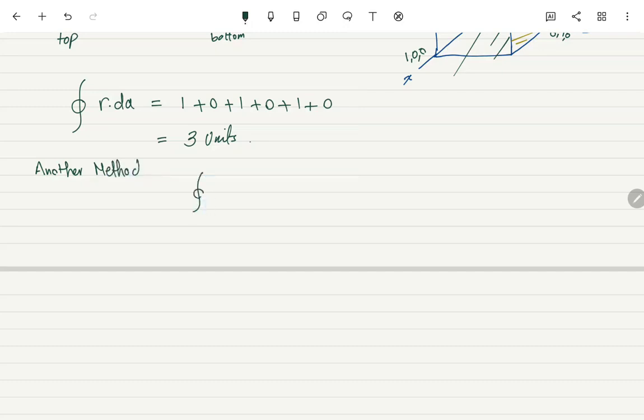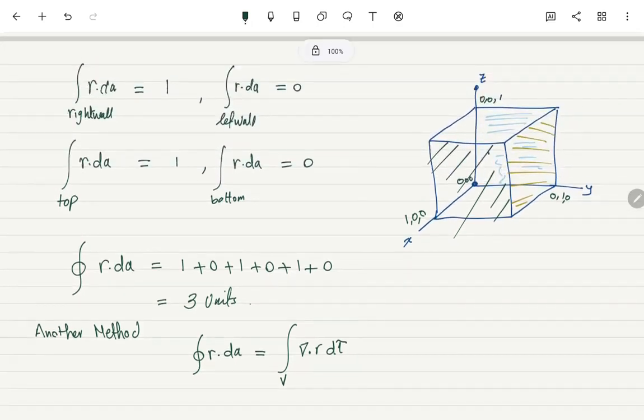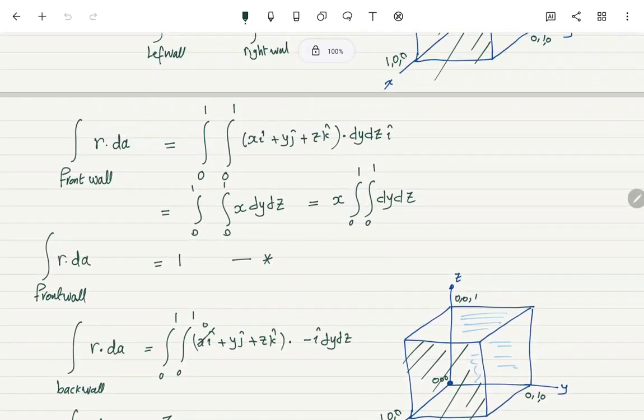Gauss's divergence theorem, the closed surface r dot d area, it's equal to integration divergence r d tau, and this is over the volume. Now divergence r, we just proved this one few minutes ago in this one here. It's just back here.